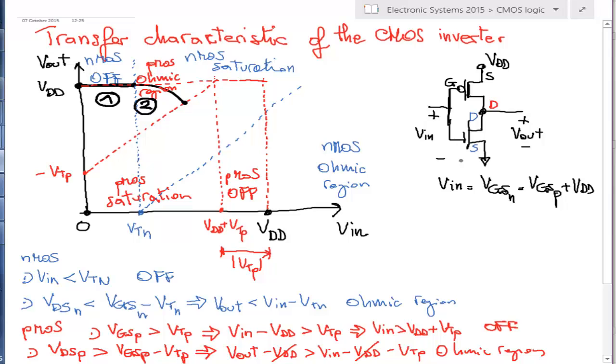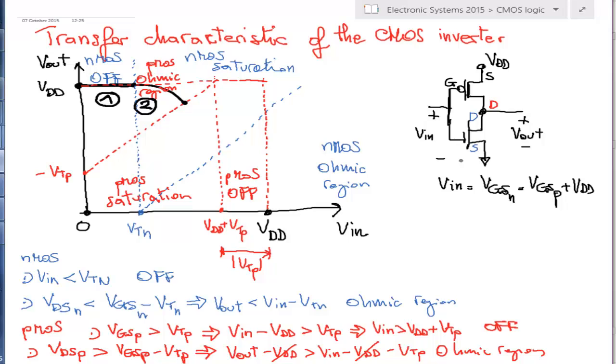When I say current flowing, I of course mean that the inverter is dissipating power, because when the inverter is in the on state, in the 1 state or in the 0 state, one of the switches is open and therefore there's no current flowing, at least in principle.